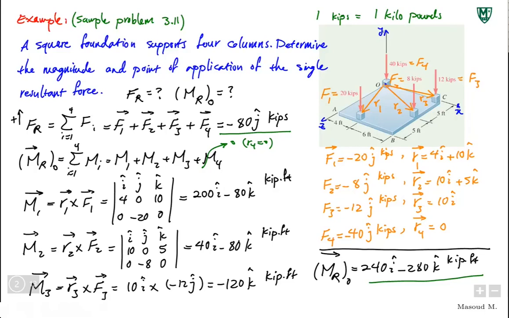I have to move FR so that I can get rid of the moment by the moment created by FR with respect to point O. So we kind of talked about this before. We said D, the distance, the vector that this FR has to move to provide us with a system that only has one resultant force.